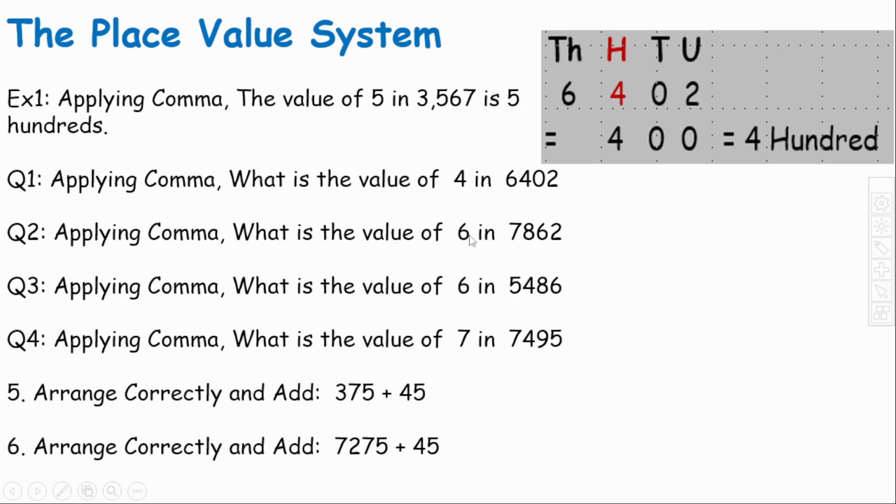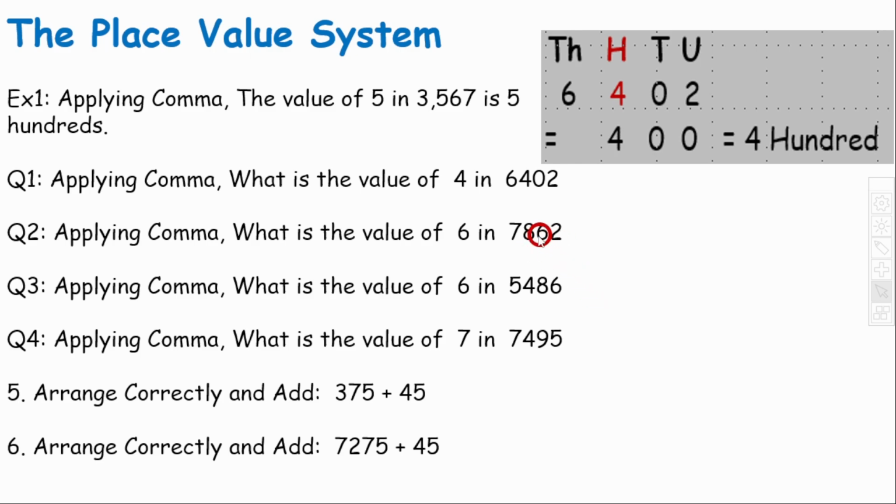Now let's work on the next question. What is the value of 6 in 7862? If we are to apply comma to this number, how do we do it? We count these first 3 numbers. You count it, so 1, 2, 3. So you apply the comma here, so it becomes 7,862. That's the very first question.